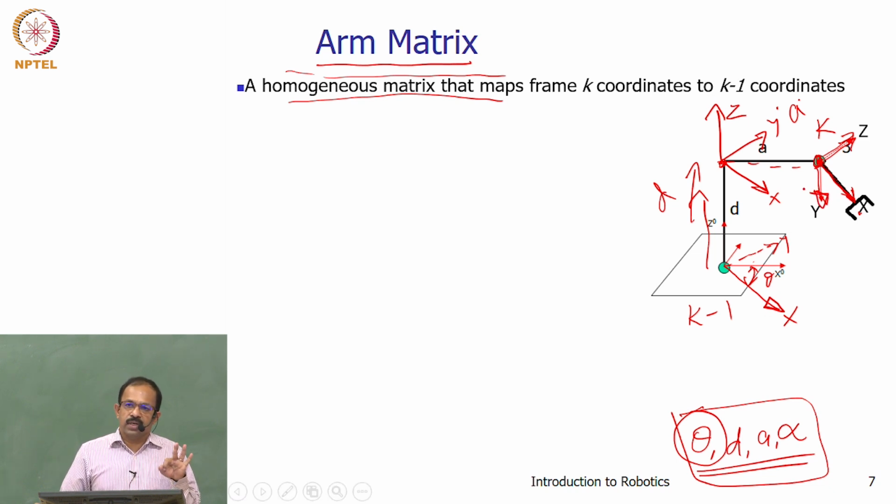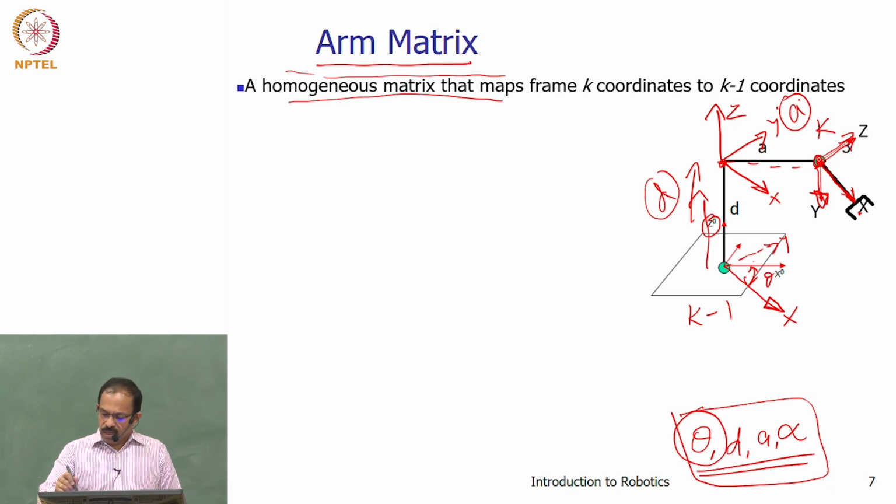So four transformations take place for this coordinate frame to reach here with this orientation. It rotates by an angle theta with respect to the z0 axis, then translates along the z axis by d, and again translates along the x axis by a distance a, and then rotates with respect to x by an angle alpha to get the new z axis.